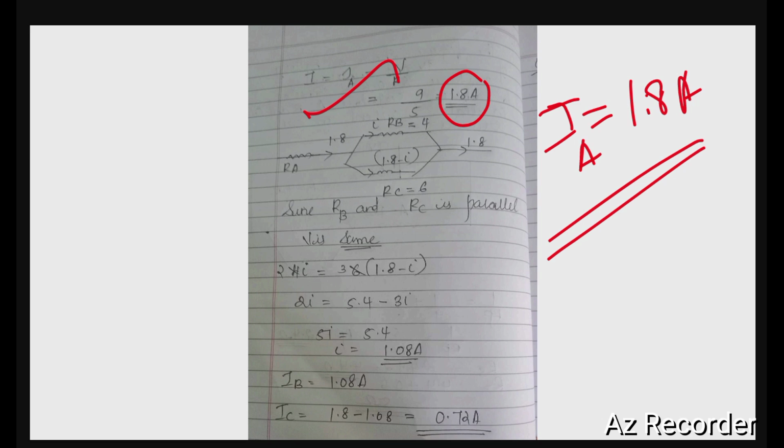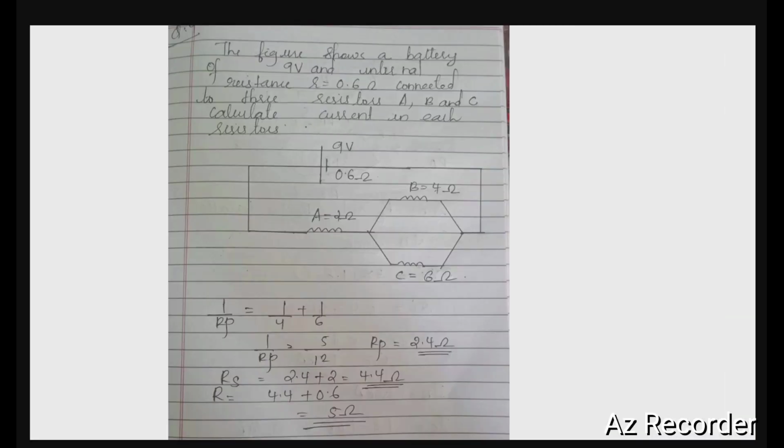Next we need to calculate the current passing through the resistors B and C. Let's look at the figure. Now you need to be cautious. As we have discussed in the earlier classes, the current through the entire circuit is equal to the current passing through the resistance A, which we have calculated to be 1.8 ampere.